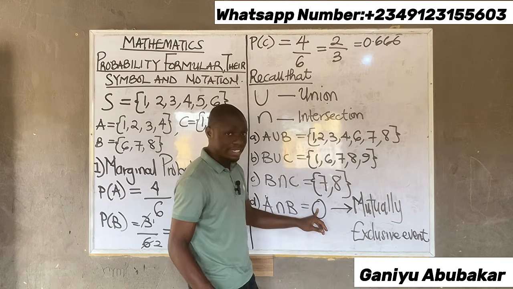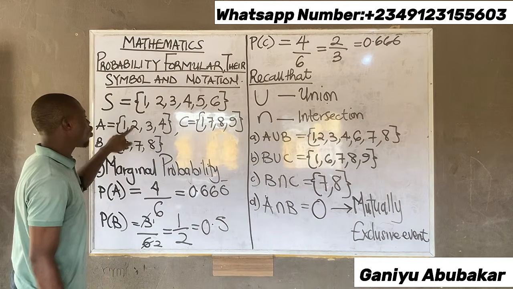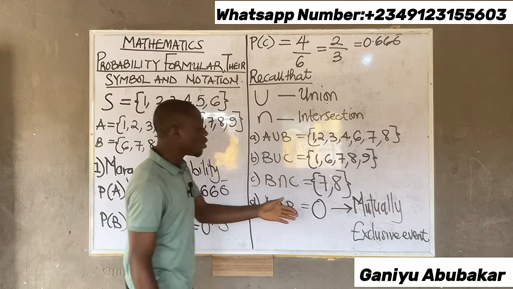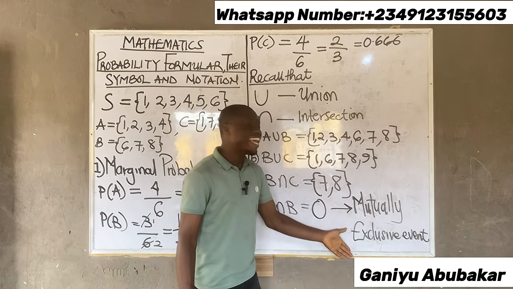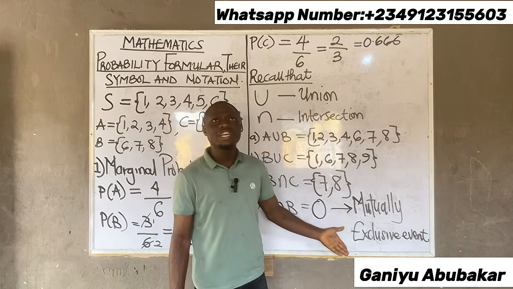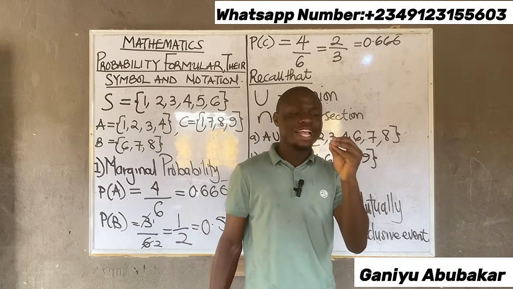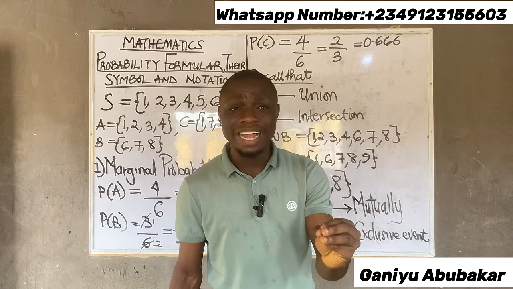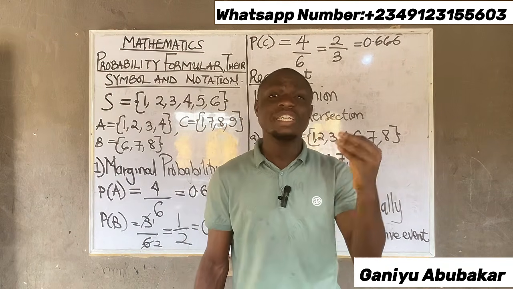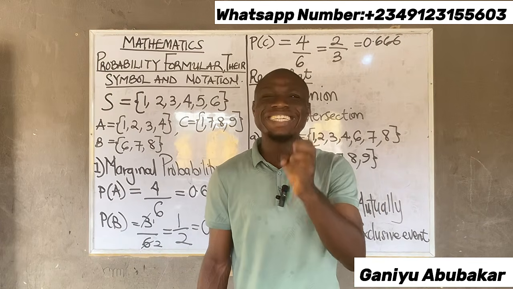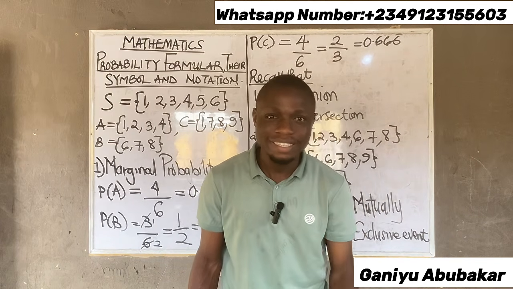Like in this case, A and B, there is nothing common between them, right? It is called what? The mutually exclusive event. Mutually exclusive events are events whose intersection is 0 or their intersection does not exist.